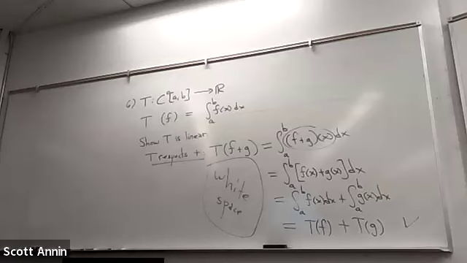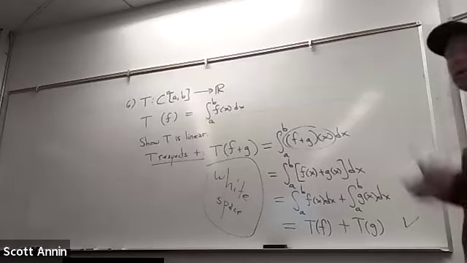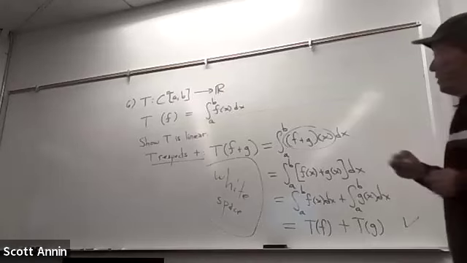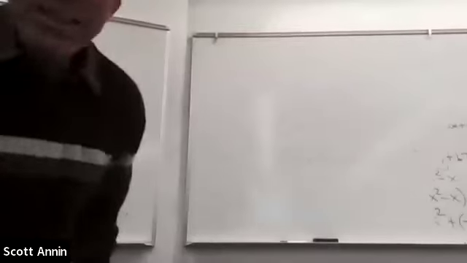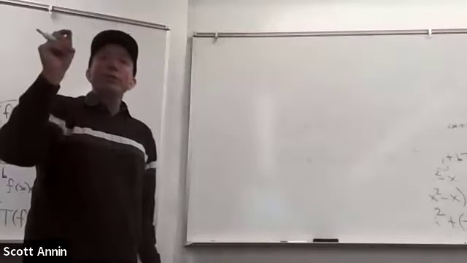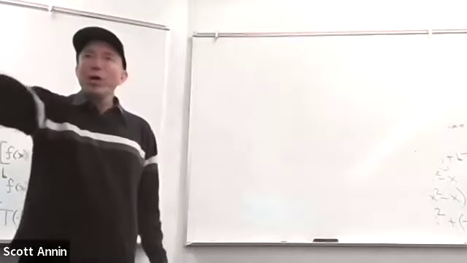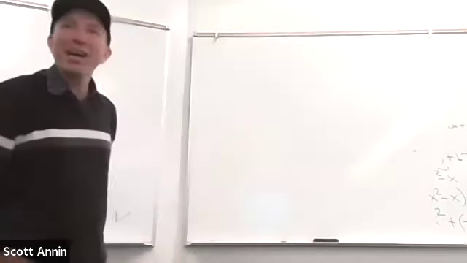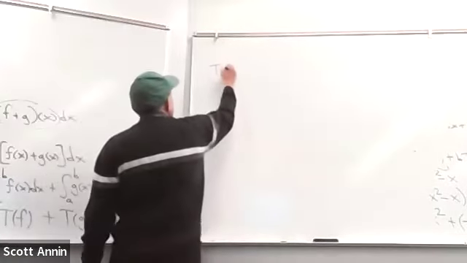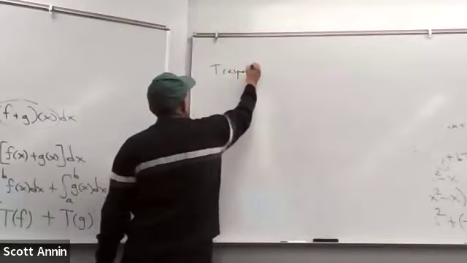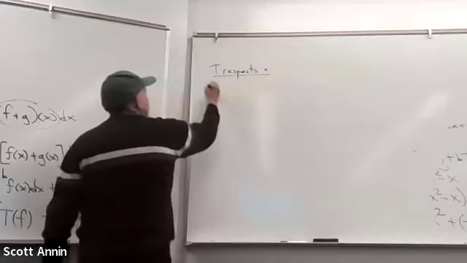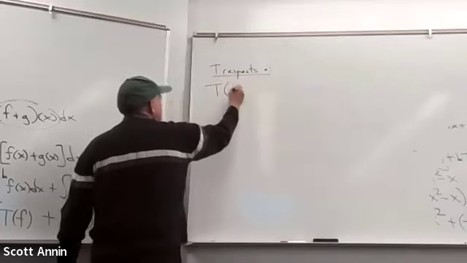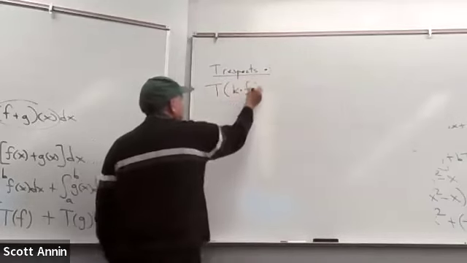Okay, let's see. Oh, we also have to do the scalar multiplication. Can I just do that pretty quickly? Don't think this is too hard. With integrals, you guys know this, right? You can pull constants out. Do it all the time, right? So that's basically what's going to happen here. T respects scalar multiplication. So this time I'm going to start with T of, let's say, k times f.